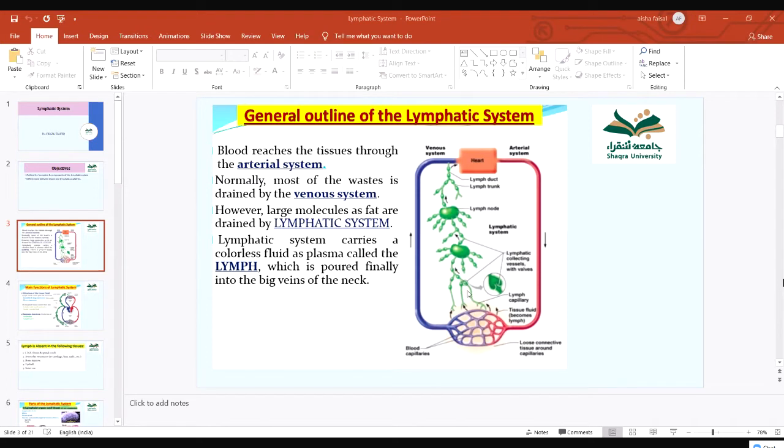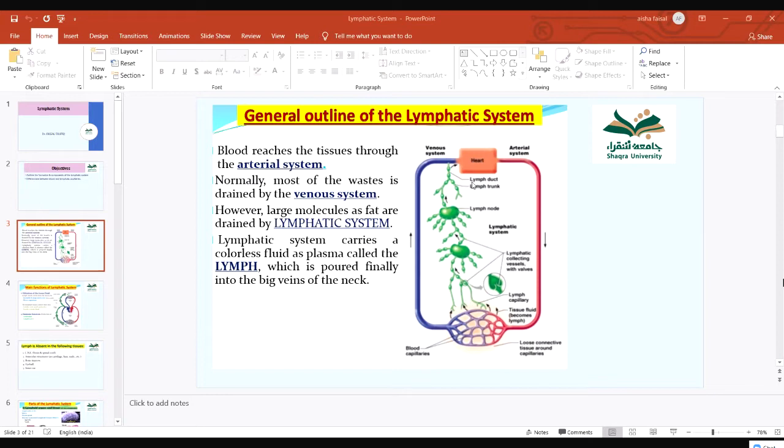These are the lymph nodes. So this fluid encounters these lymph nodes, and then from the lymph nodes to the larger channels, which ultimately become large and drain again into the heart. So this whole system, which is accessory to this closed circulatory system, is your lymphatic system.